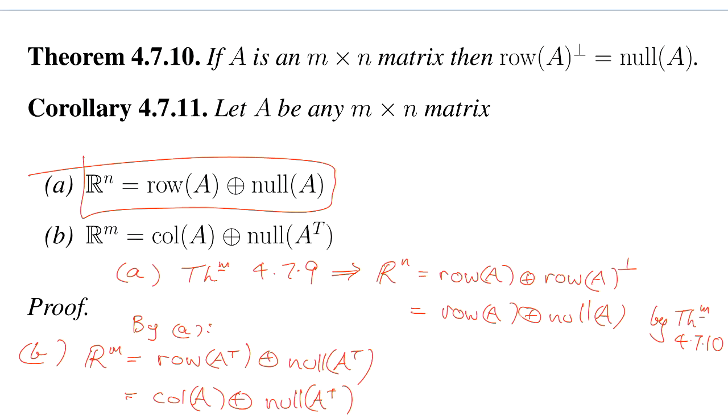So if I take any x or y in Rn, I know I can write them as something from the row space plus something from the null space. That's what we showed yesterday. And I know I can do that in a unique way, right? So each x in Rn, forget whether it's a solution to our equation or not, can be written as a unique thing from the row space plus a unique thing from the null space.